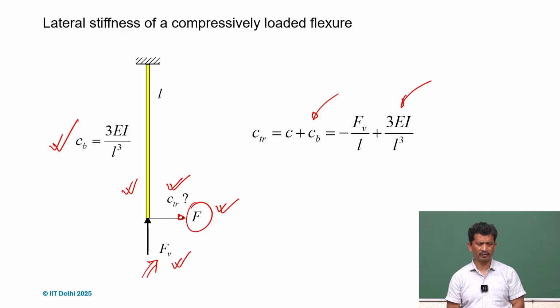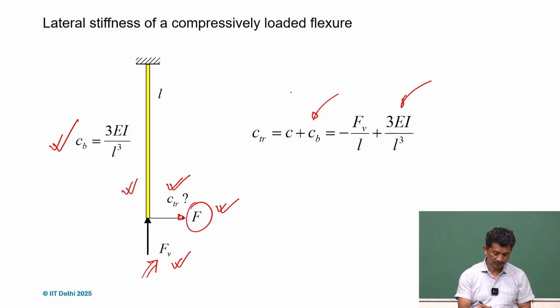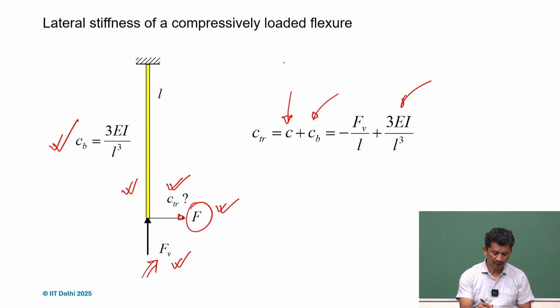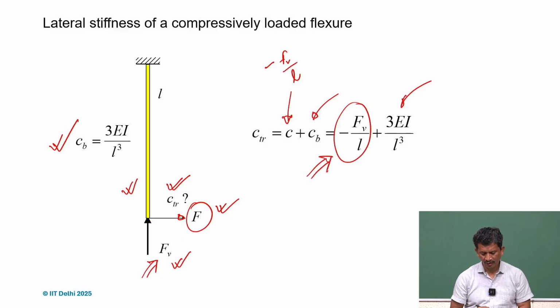We have to always apply the force, but because of the arrangement and what we have seen earlier, if we apply a negative force or force in compression, we get FB by L, and since it's negative, there is a minus sign. So we see a very good arrangement here.